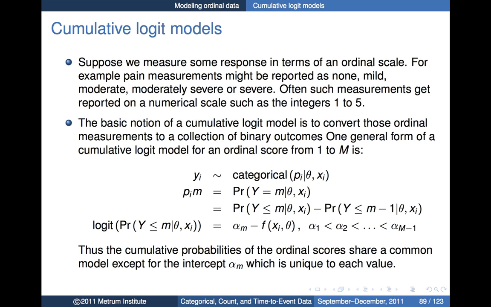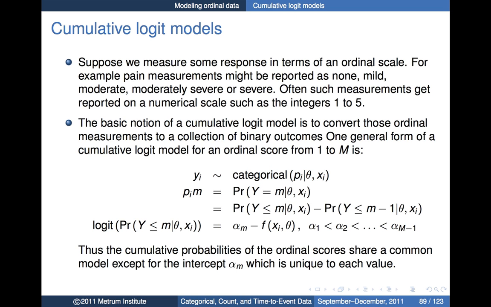So here we're talking about cases where, suppose you measure some response in terms of an ordinal scale. So, for example, pain measurements might be reported as something like none, mild, moderate, moderately severe, or severe. And often such measurements get reported on a numerical scale, such as the integers 1 to 5, or in some cases 0 to 4.